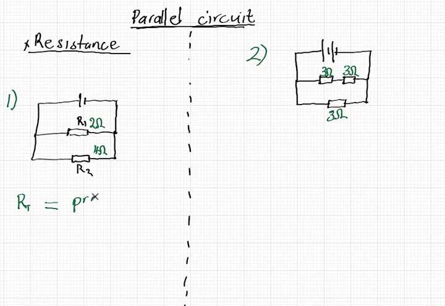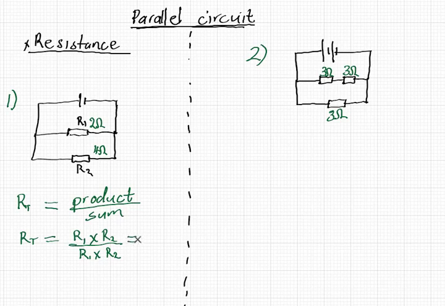It's product over sum. So this is how it's done. That's R1 times R2 divided by R1 plus R2, and that is, R1 is 2, times 4, divided by 2 plus 4.